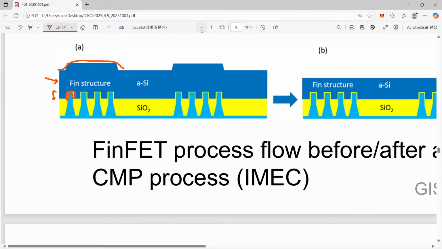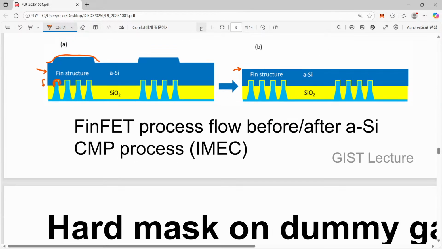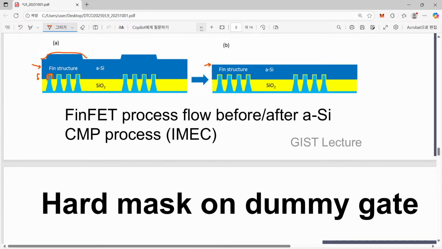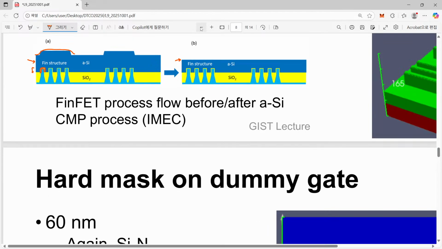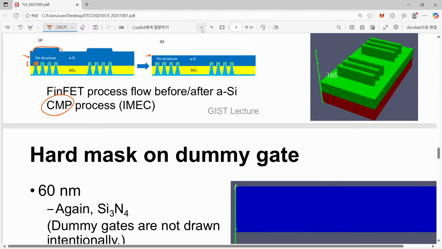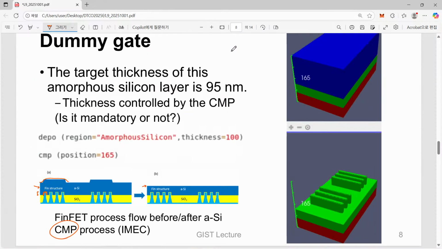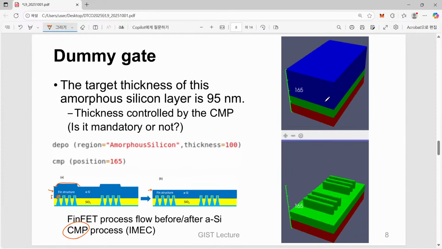So you can see that this is the one they suggest, but it is not that clear whether this CMP process is really used in mass production or not. I'm just following this kind of CMP process to make it easy.